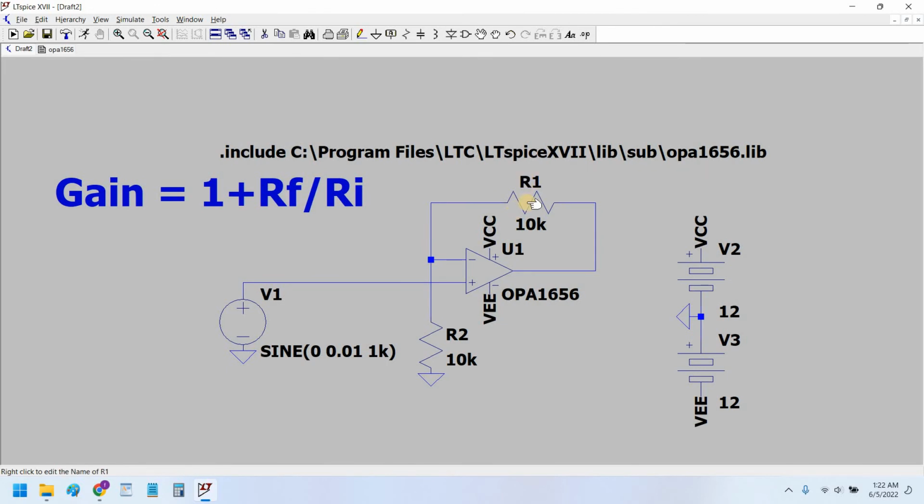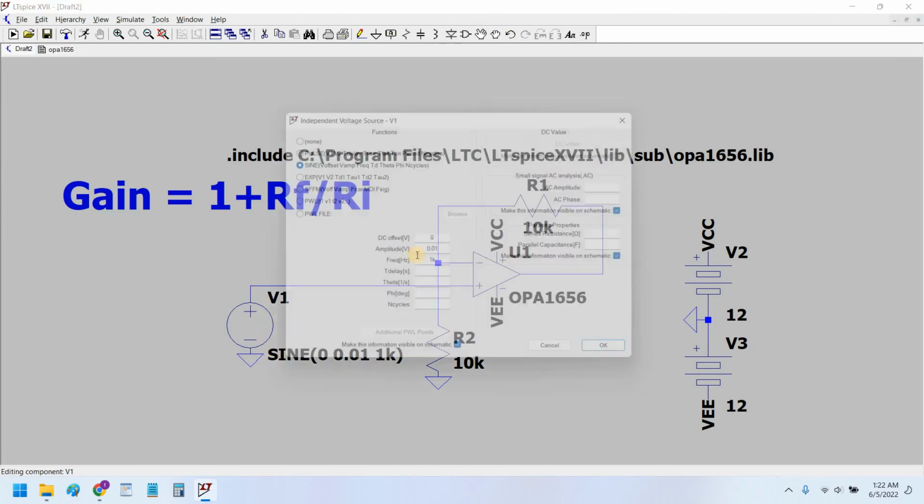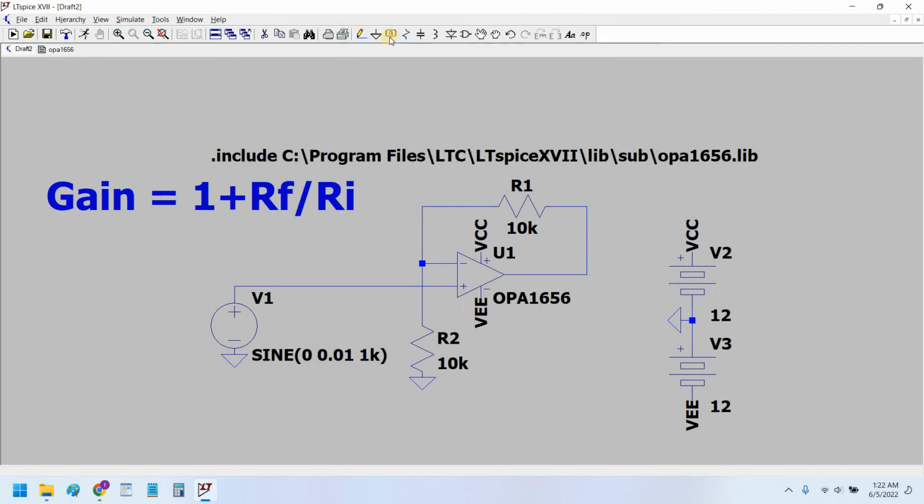RF is the feedback resistor, and here the feedback resistor is R1, therefore it is 10 kilo ohm. And this is the input resistance Ri, which is the resistor grounding the input terminal, and it is also 10 kilo ohm. Therefore 10 kilo ohm divided by 10 kilo ohm makes it 1, and 1 plus 1 equals 2, so the gain would be equal to 2. So our sine wave is 10 millivolt, therefore our signal would be equal to 20 millivolt peak.